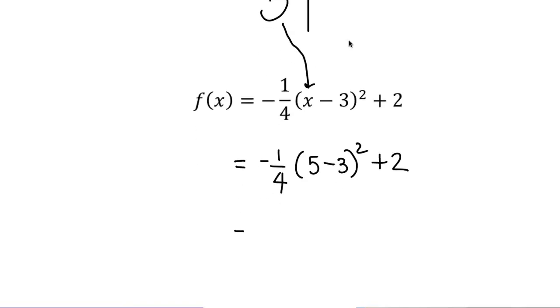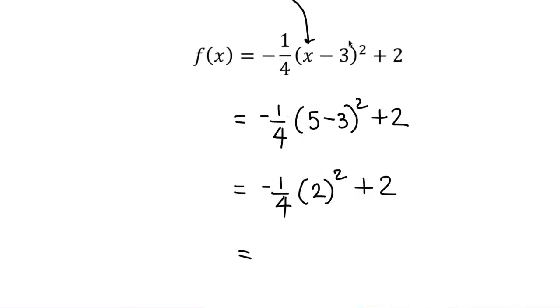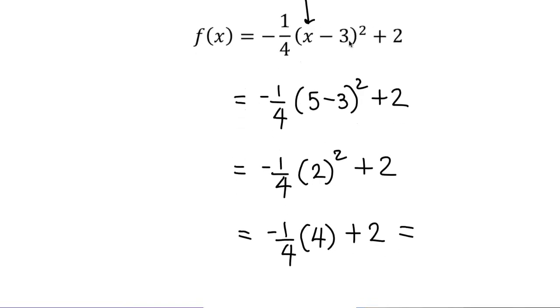Now, let's see what happens. I'm going to get negative 1 over 4 times 2 squared plus 2. You see where I was going with this, right? So I'm doing negative 1 over 4 times what? 4 plus 2. Now, negative 1 over 4 times 4 is negative 1. And if I add 2 to that, I will get 1 out.